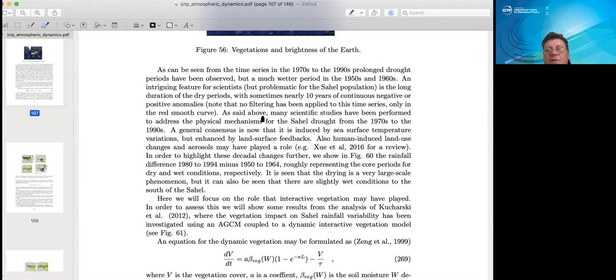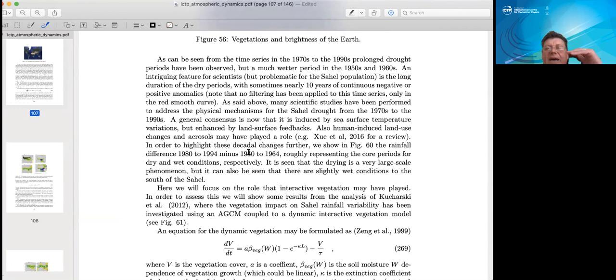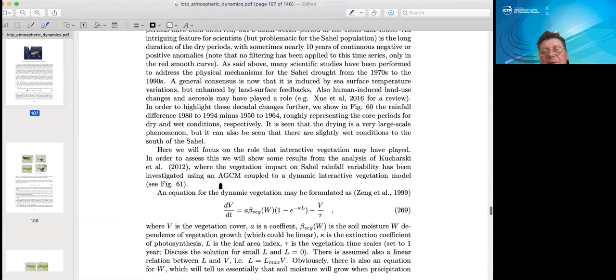But the role that we want to concentrate on in this lecture is the role of the land surface interaction with the atmosphere. If we have a simple atmospheric general circulation model, the typical setting is an interactive soil moisture, so soil moisture is calculated.